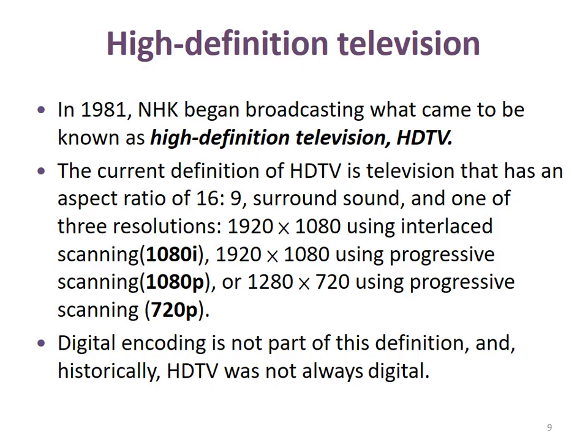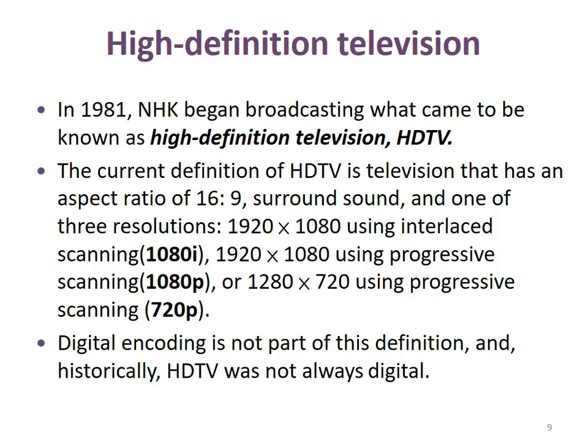For example, if you see 1080i, that means the resolution is 1920 times 1080. The i means the display is in interlaced scanning mode, and the p means progressive scanning mode.